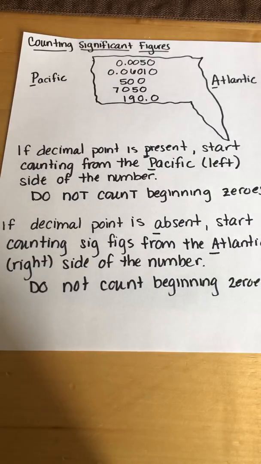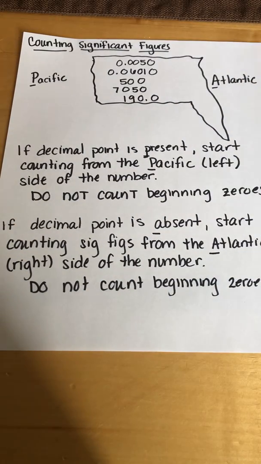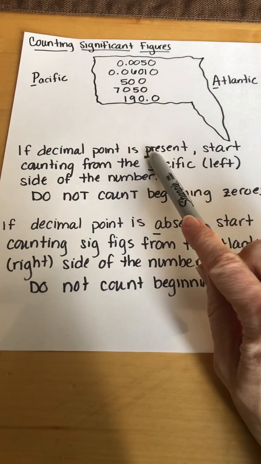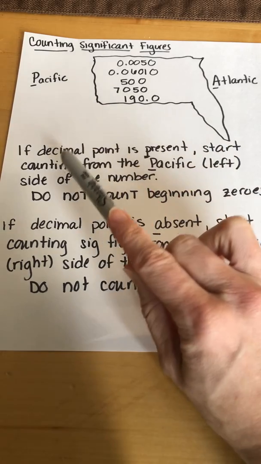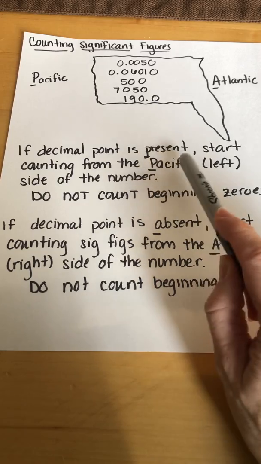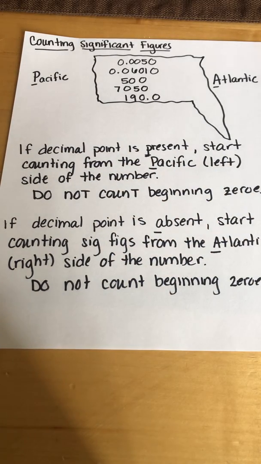So if we look at the first example, 0.0050, I ask myself, is a decimal point present or is it absent? We know the decimal point is present. So if a decimal point is present, we're going to start counting our significant figures from the Pacific, so the P's there, which is the left side of the number. Now, we are accustomed to always reading left to right.